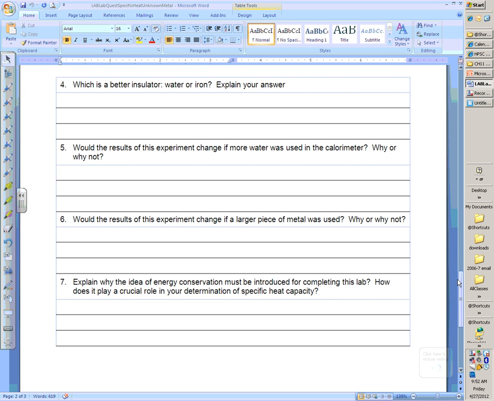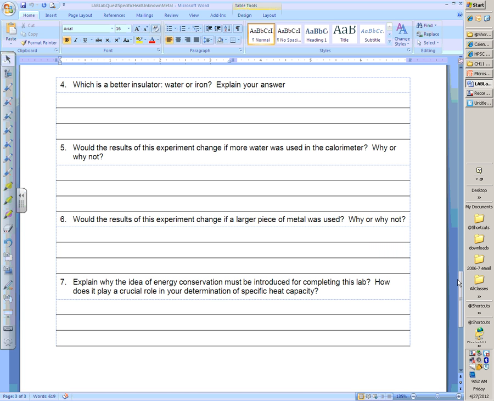Which is a better insulator, water or iron? Water would be a better insulator. Why would water be a better insulator? It has a high specific heat value. Miriam, because it has a high specific heat value, what does that mean it does or doesn't do?